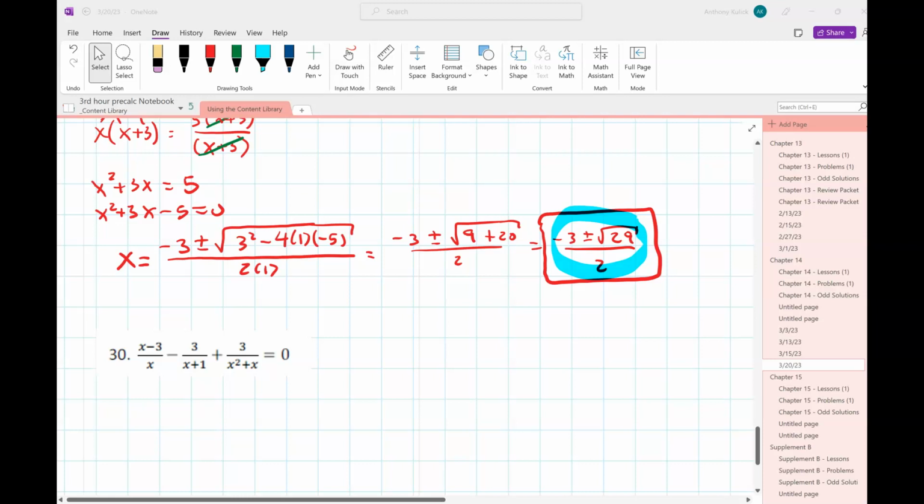I just multiply that all to get rid of your denominator. Oh, wait, you can just do this. You multiply by x, and then in another parentheses, x plus 1. Yeah, that's right. x minus 3.